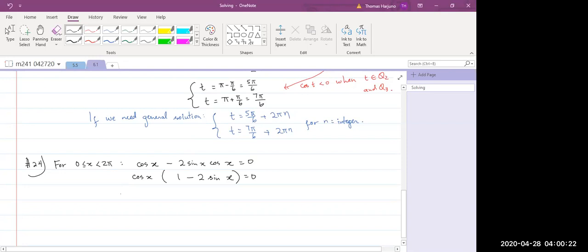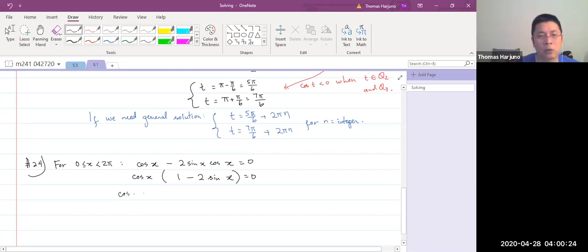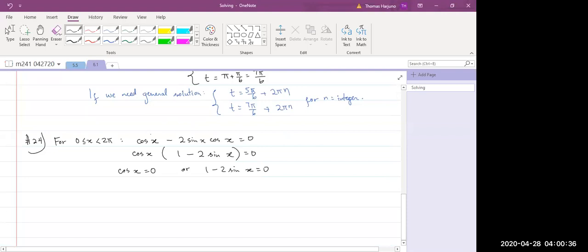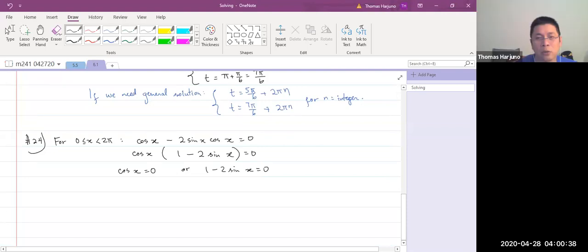So either cosine x equals 0 or 1 minus 2 sine x equals 0. Then sine x equals 1/2. If sine x equals 1/2, what will x be?